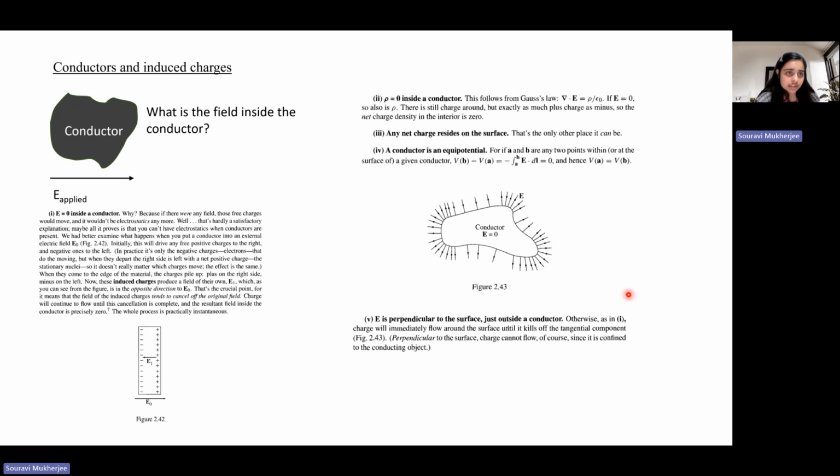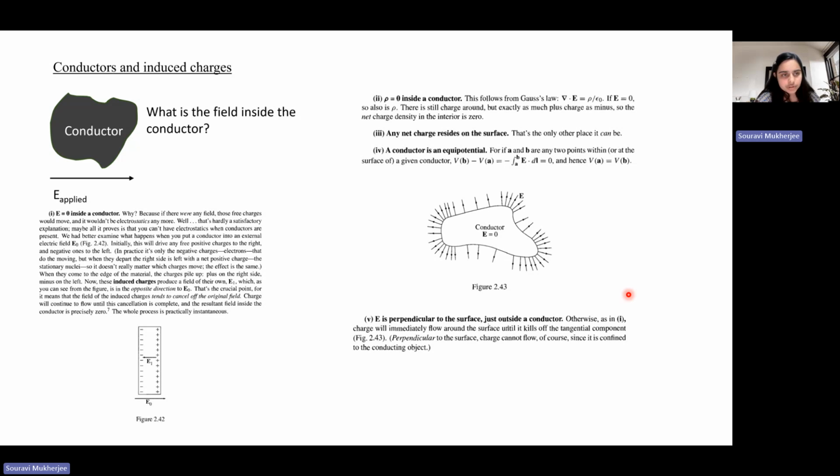And then we moved towards understanding conductors. It's a very important point that for conductors, because you have free charges, there are very interesting properties associated with what happens when you put a conductor in an electric field. If you put a charge in an electric field, it experiences a force.